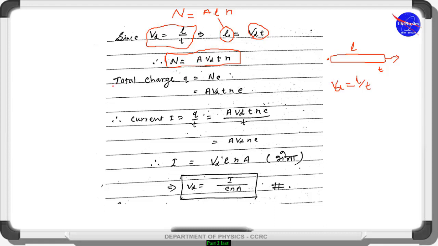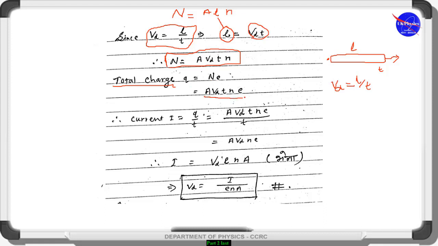Now we can find the total charge inside the conductor, which is given by Q equals N times e. e is the charge of a single electron, N is the total number of free electrons inside the conductor. So the total charge inside the conductor is N times e.